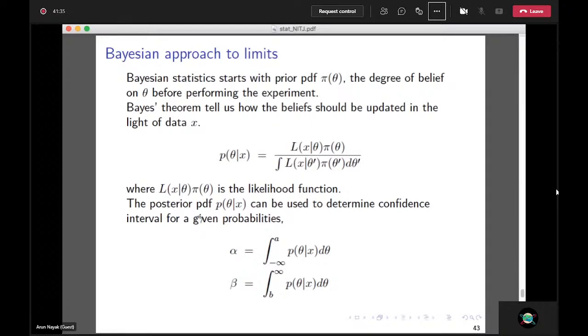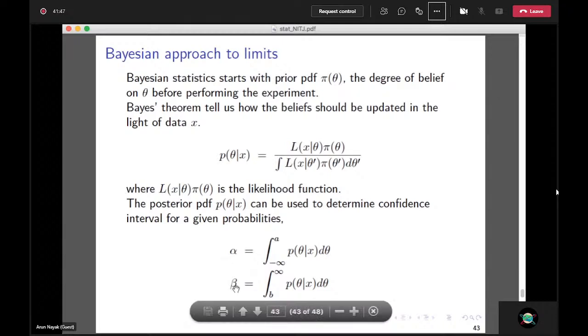And one can use this posterior probability to determine the confidence interval instead of the probability densities. So here we now redefine these alpha and beta probabilities in terms of the posterior probability, incorporating our prior beliefs.